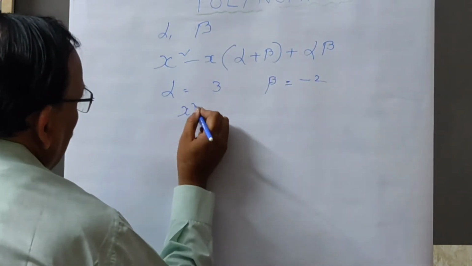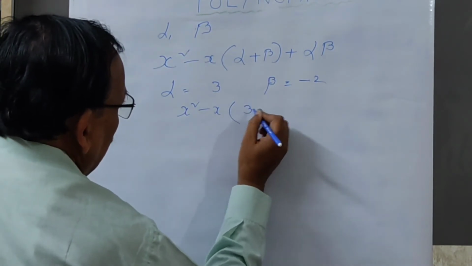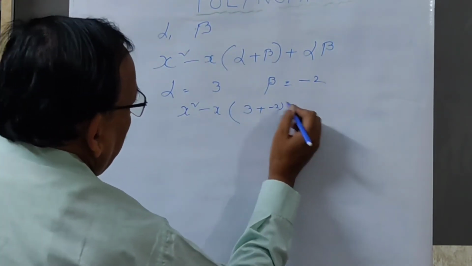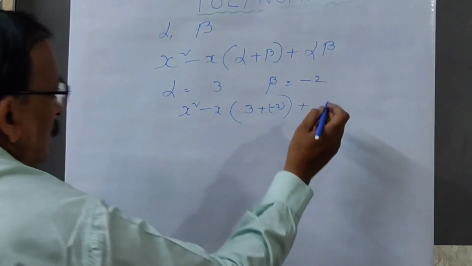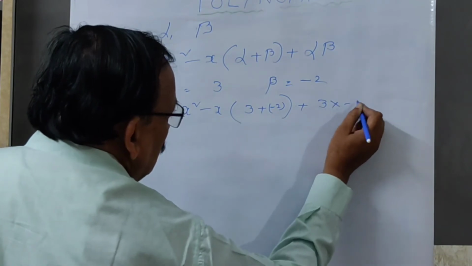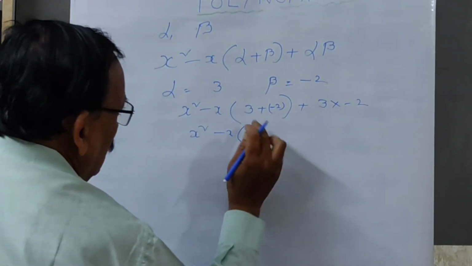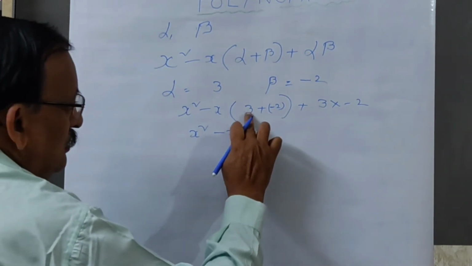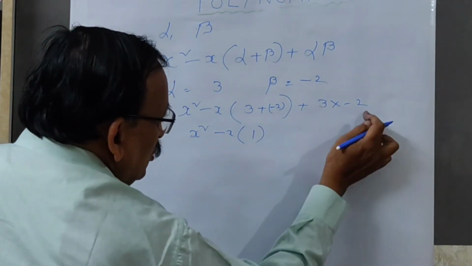x square minus x into alpha 3 plus beta value minus 2, in brackets, plus alpha into beta, 3 into minus 2. Now x square minus x into 3 plus minus 2, how much? 3 plus minus 2 is equal to 3 minus 2, that is equal to 1, plus 3 into minus 2.